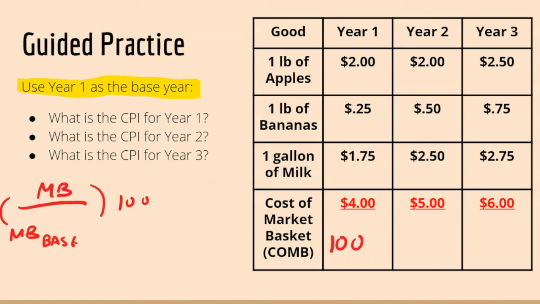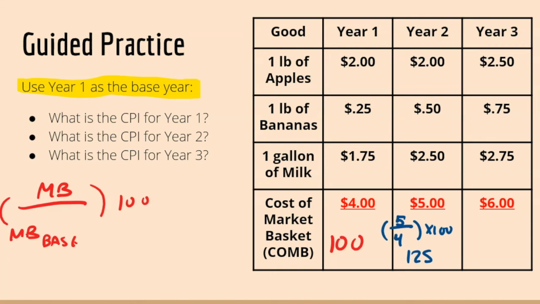For year two, we know that our market basket is $5. We know that the market basket in the base year is $4. So we get 5 over 4 times 100, which gets to 1.25 times 100, which gets us to 125.